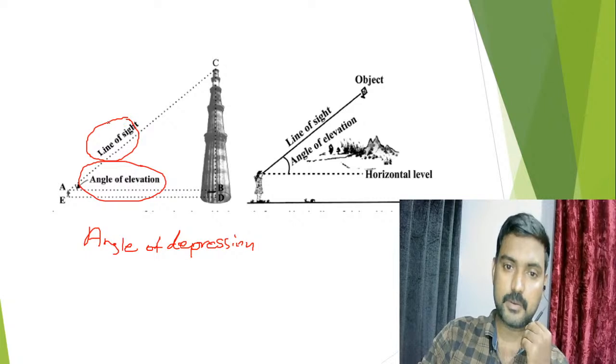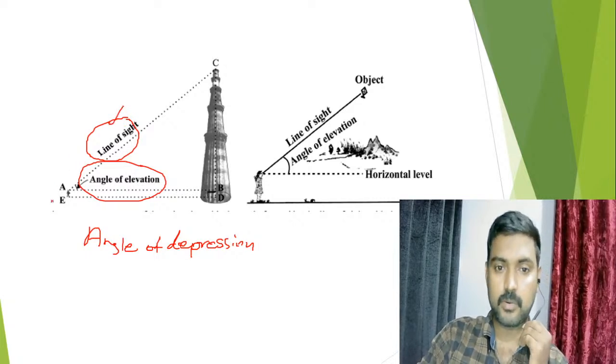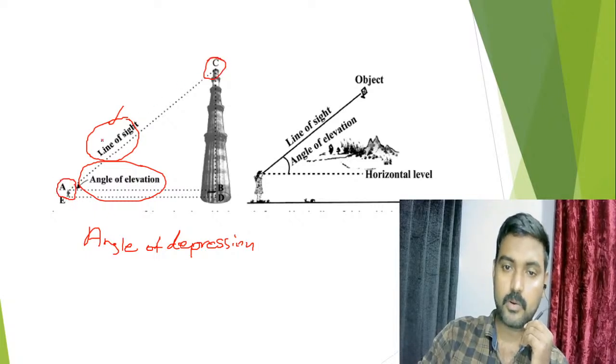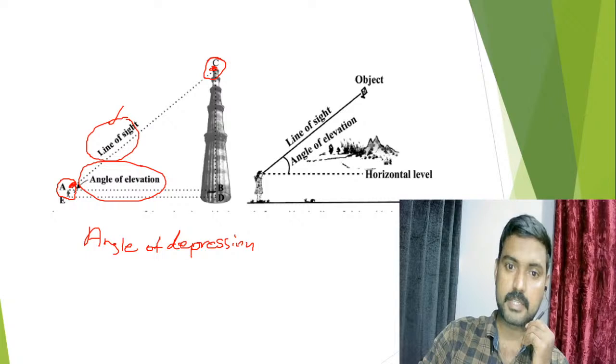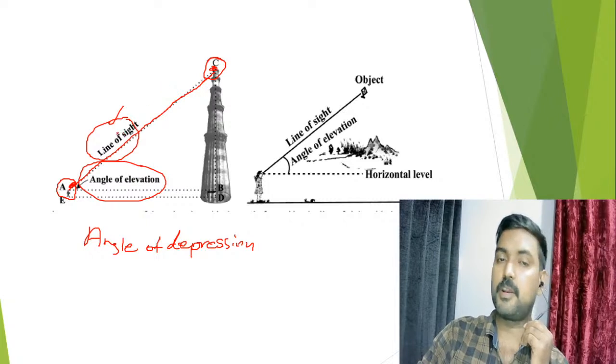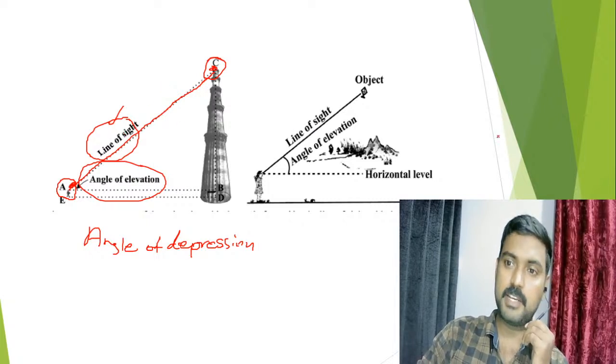So what is line of sight? That we can study at first. In this question you will always see an observer and an object or a point where we observe. If we draw a line from the observer's point to the point of the object, this line is known as line of sight. What is the need of this line of sight? It will be a slope, either from the top to the down or from the down to the top.